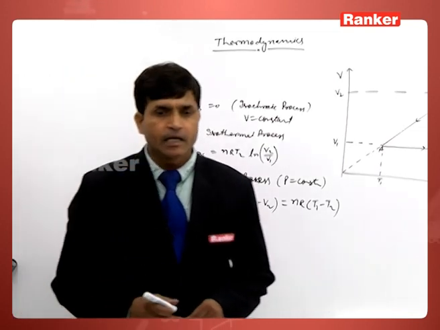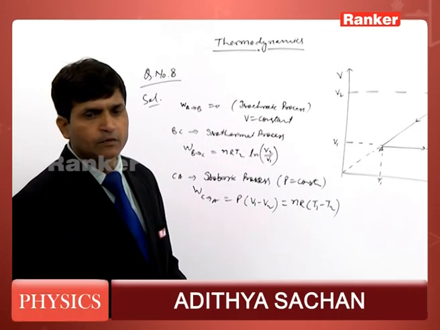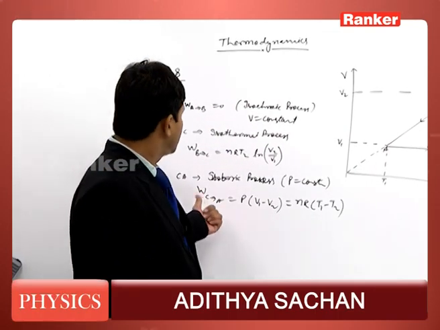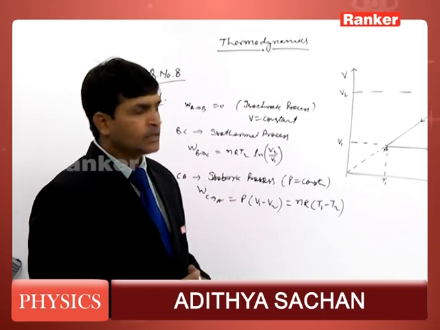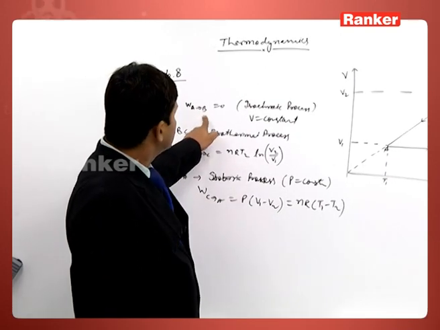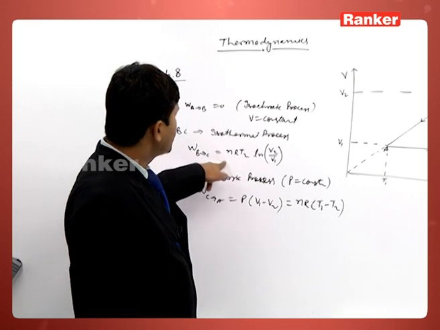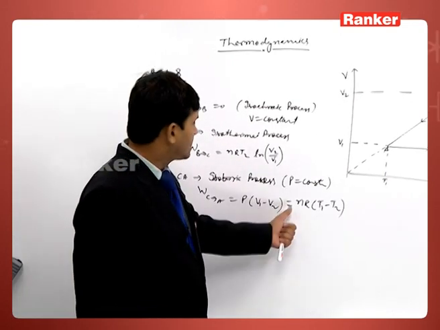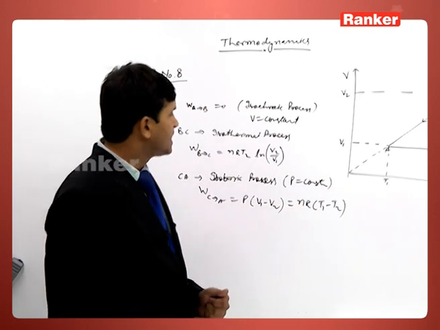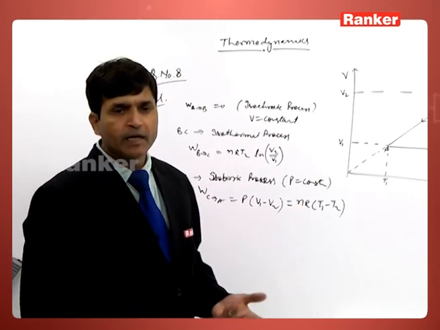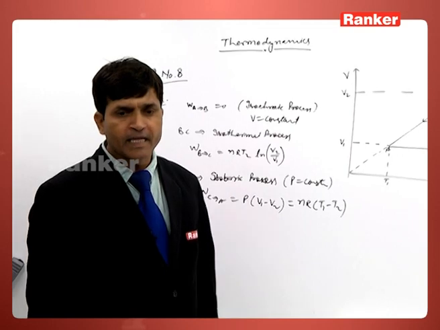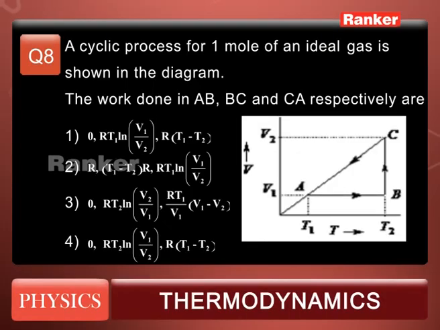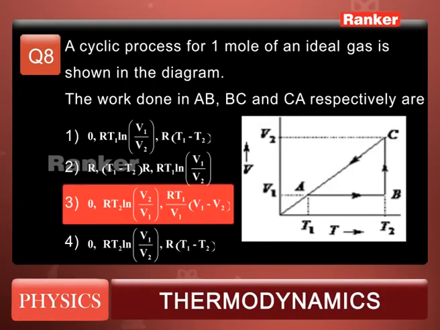So these are our relations related to work done. WAB is 0, second nRT2 ln V2 by V1, and the third nR(T1 minus T2), and the value of n, 1 mole of gas, is given. So the correct option is number 4.